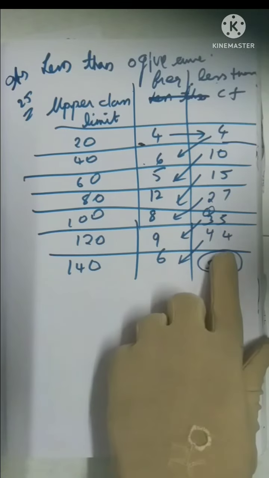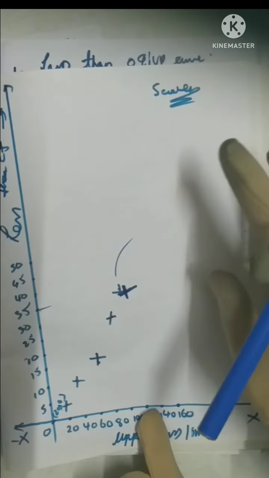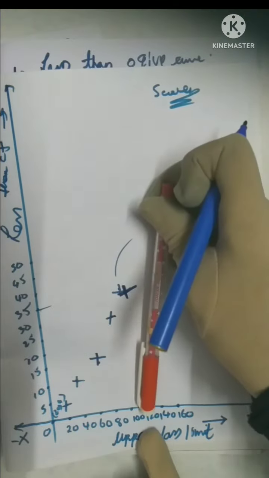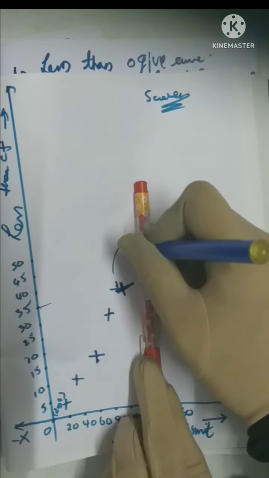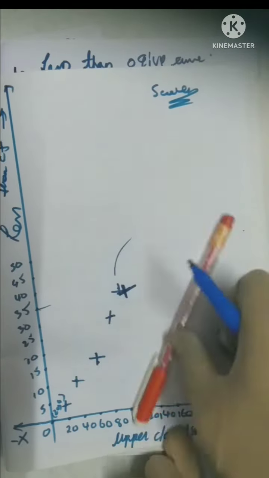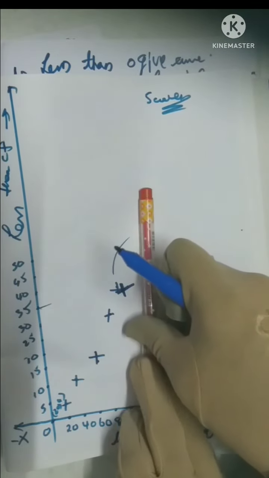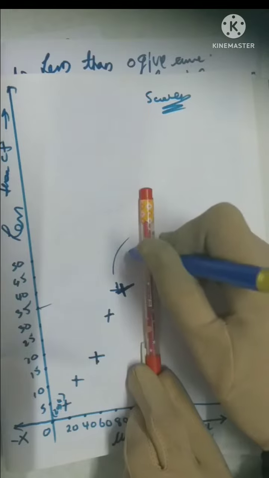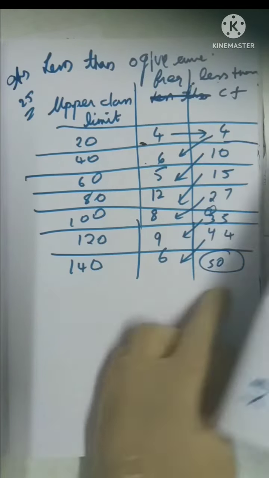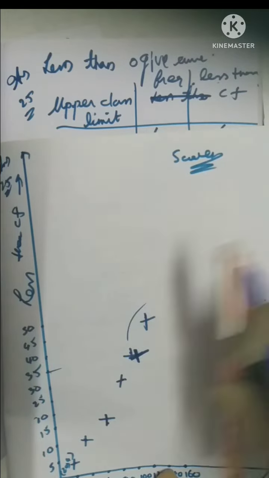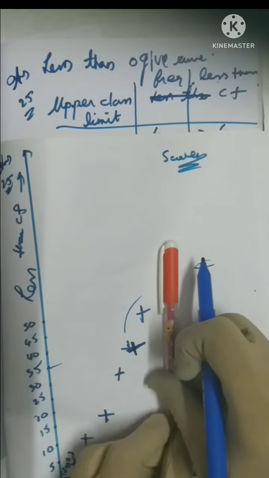This is 100, 35. When x is 120, y is 44. 44 means somewhere here. Last point is when x is 140, y is 50. When x is 140, y is 50 here.